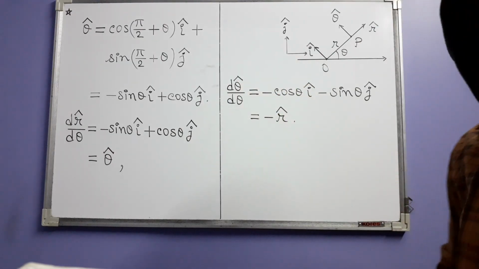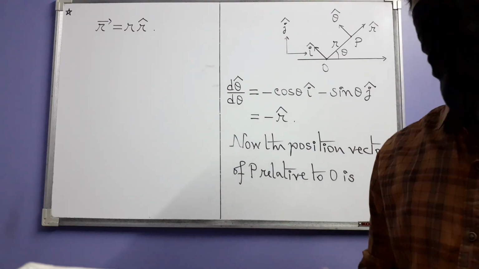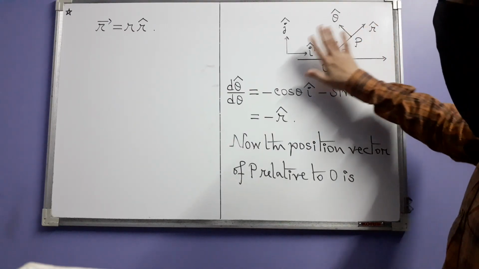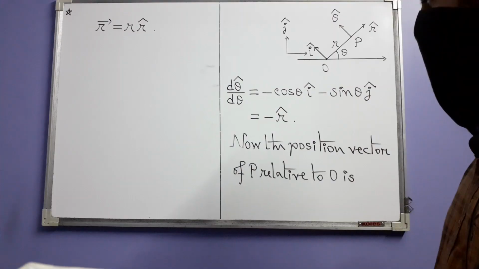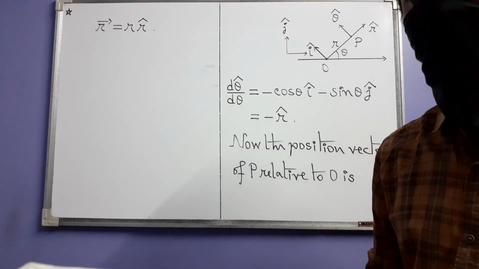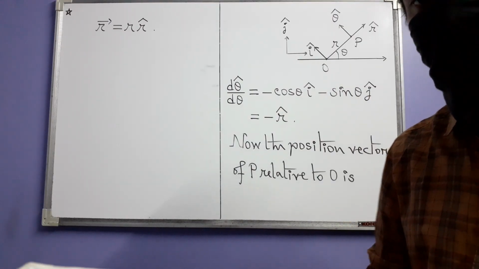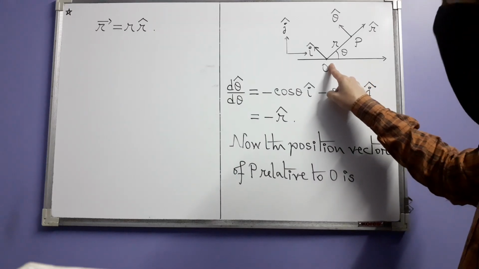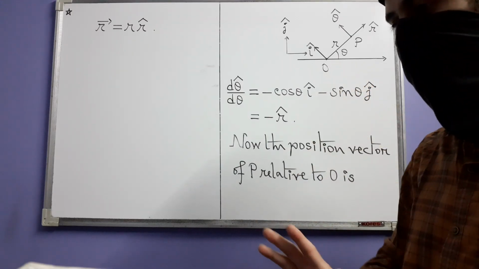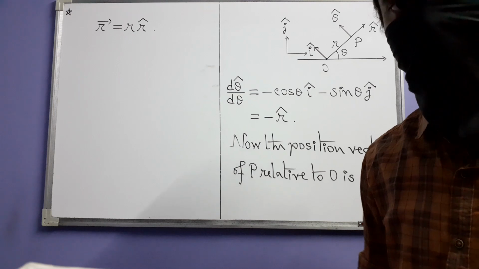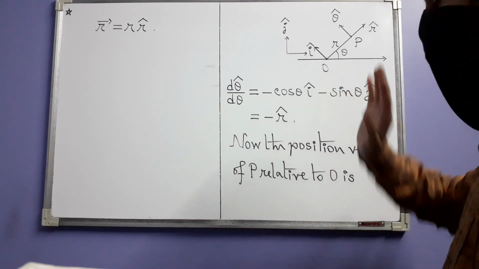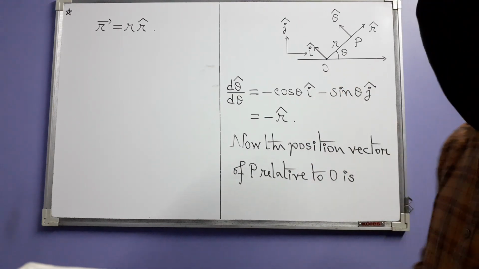Something like that. So now we set P in motion. P moves around in the plane, and before we can find the velocity, we have to find the position vector of P relative to this point O, say. Relative to what point, actually, that's up to you, but in this case, say that point is O. O is our origin.